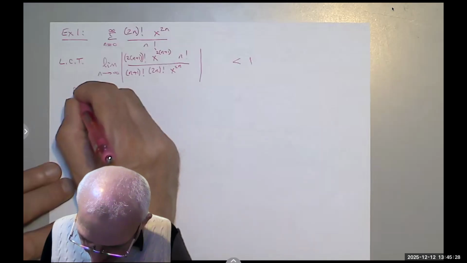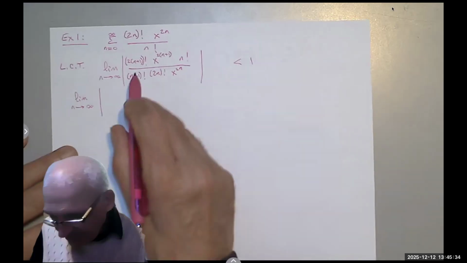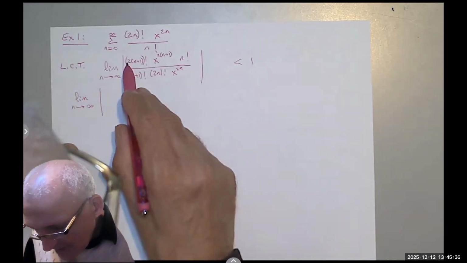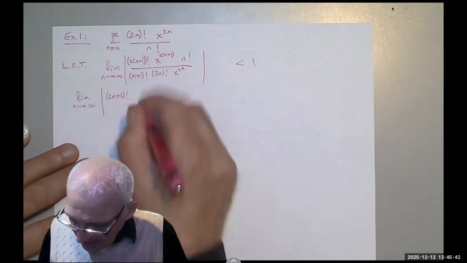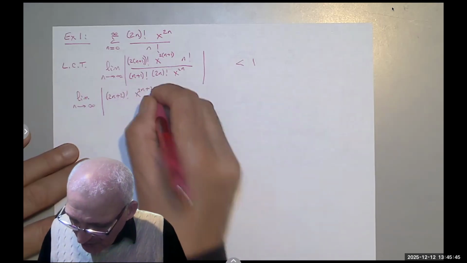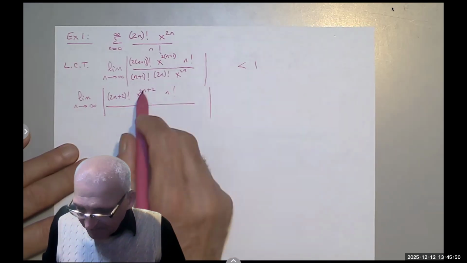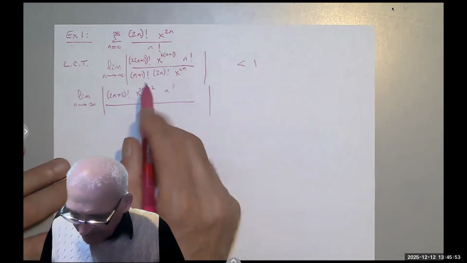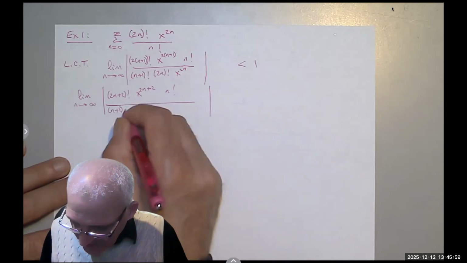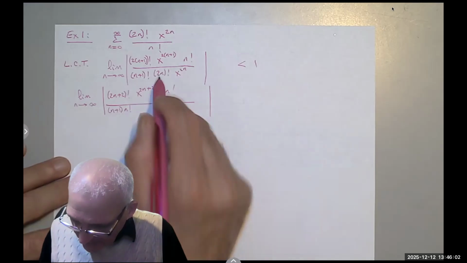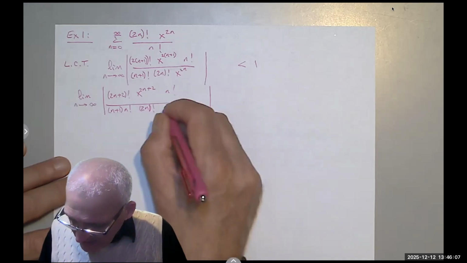Then I would say this is the limit as n approaches infinity of the absolute value of, here I have 2n plus 2, right? So it's 2n plus 2 factorial times x to the 2n plus 2 n factorial over, and then just to save time, we can write this as n plus 1 times n factorial. This is 2n factorial, and this is x to the 2n.